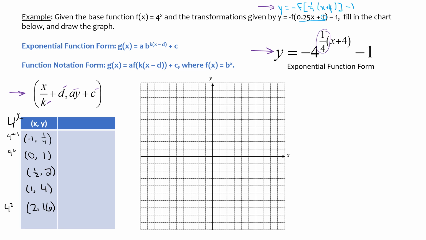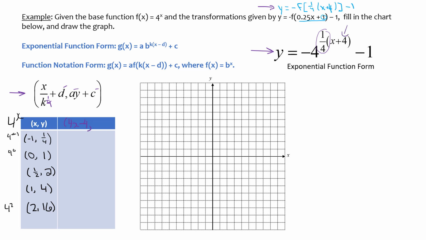So x divided by k is x divided by 1/4. Well, x divided by 1/4 is really 4x. So that's going to be a 4x right there. Plus d, my d value, remember we factored it, so my d value is actually a -4.